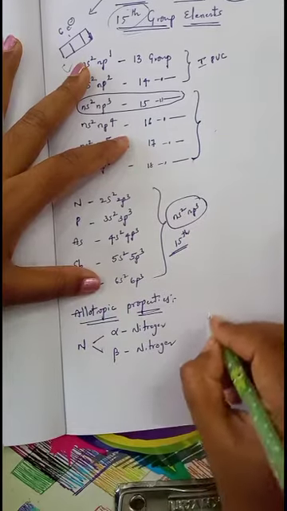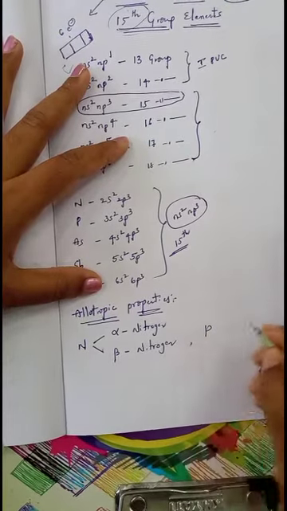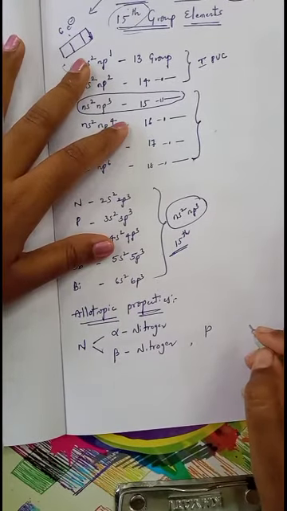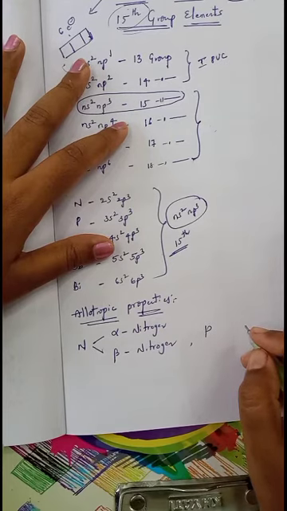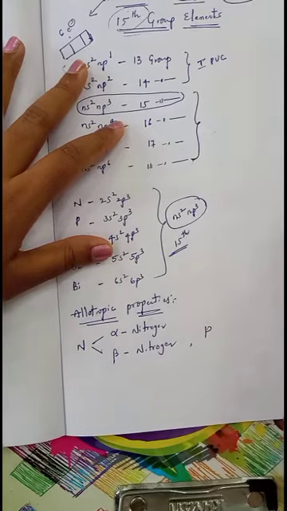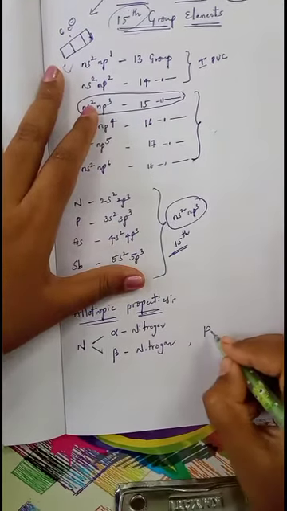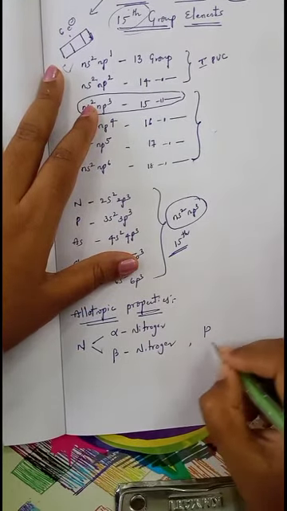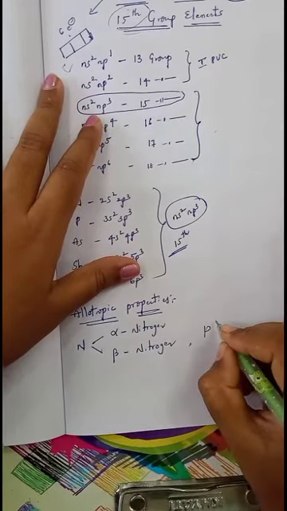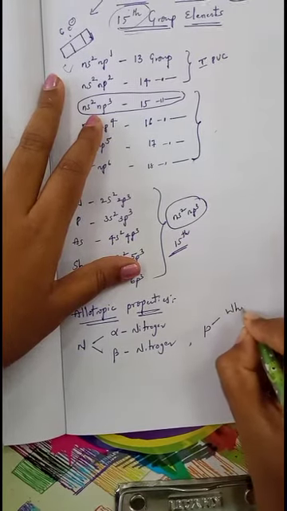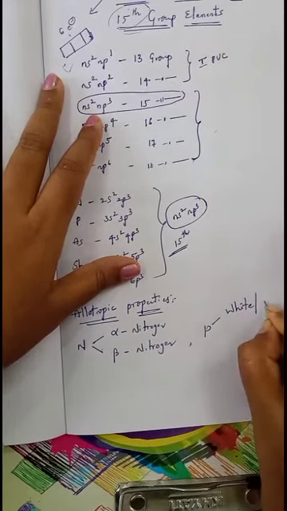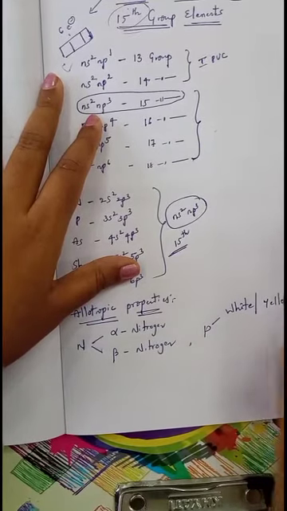Next, phosphorus. Phosphorus exists in different types of allotropic forms. The first one is white phosphorus, which is also called yellow phosphorus.